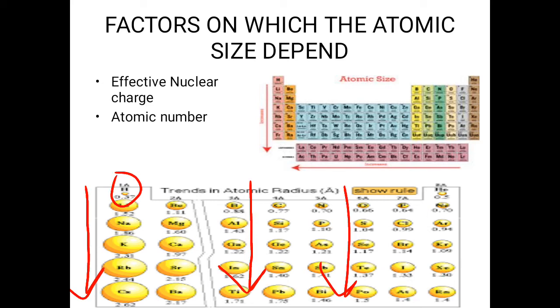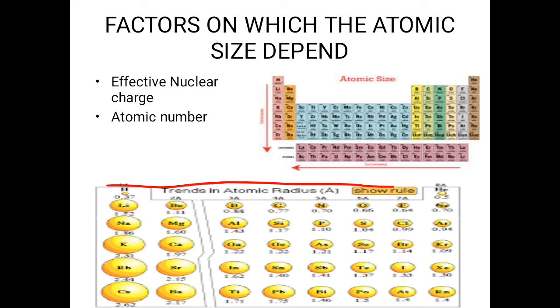But on the other hand, when we move in a period, the atoms are getting smaller, smaller, and smallest. So the biggest atom is when the period begins, and the smallest atom is when the period ends.